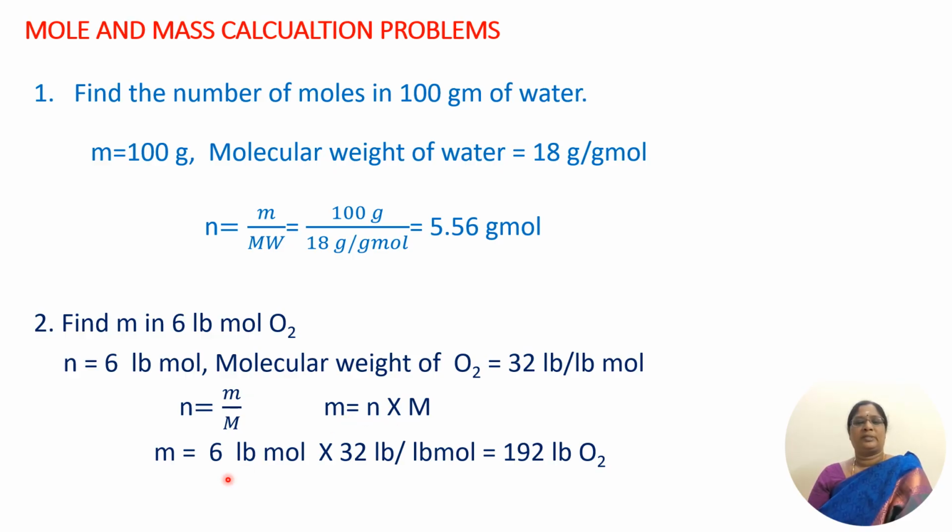Number of moles is 6 and molecular weight is 32. 6 multiplied by 32 will give 192 lb of oxygen. So the mass of the oxygen can be found out by using the formula number of moles of oxygen into molecular weight of oxygen.